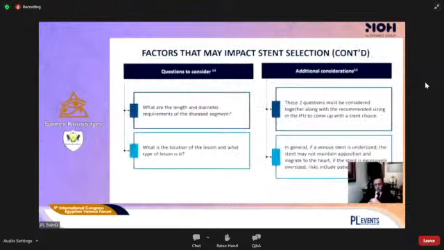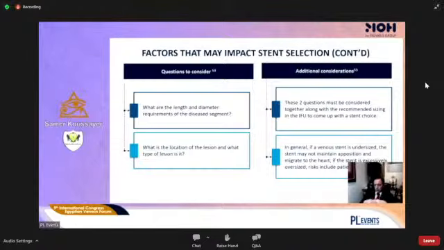And there are 2 questions. What are the length and diameter requirements for the disease segment? I'm going to choose the stent for it. What is the location of the lesion and what type of lesion is it? These 2 questions must be considered together, along with the recommended size and IFU by the company. But in general, if the venous stent is undersized, the stent may not maintain position and migrate to the heart.